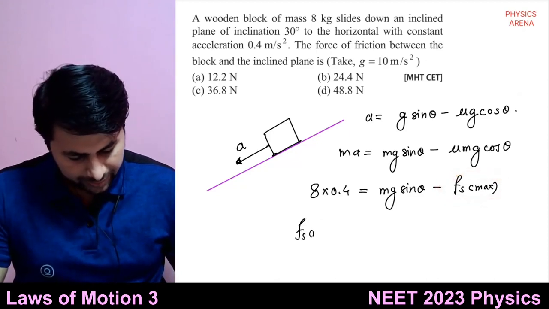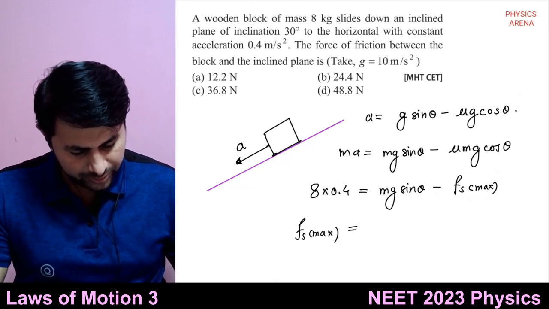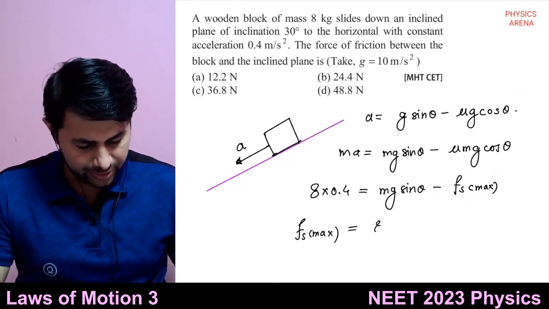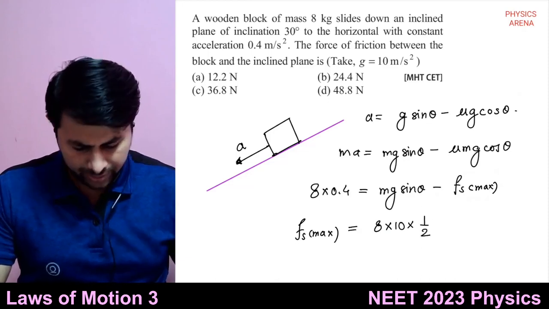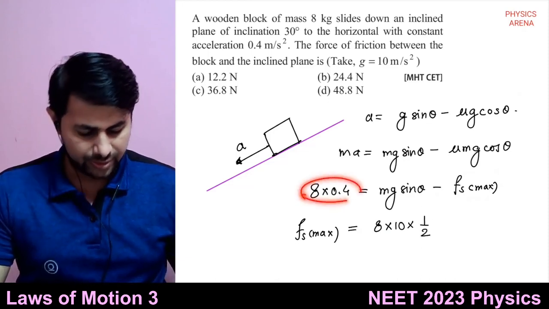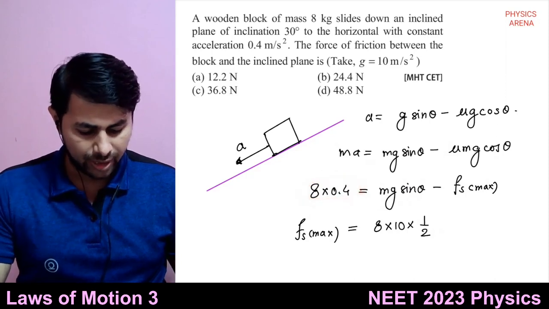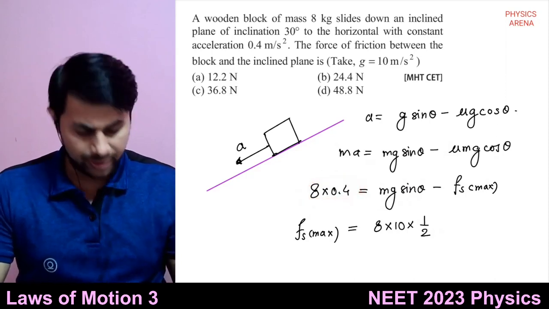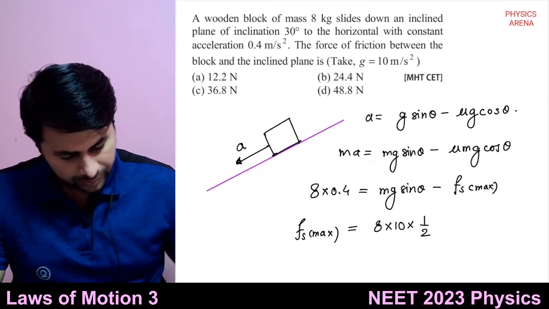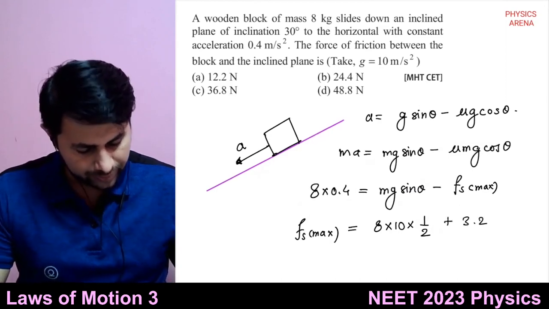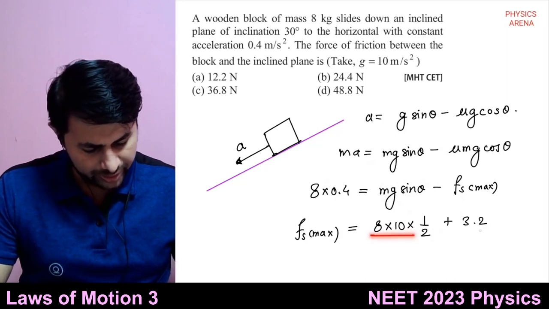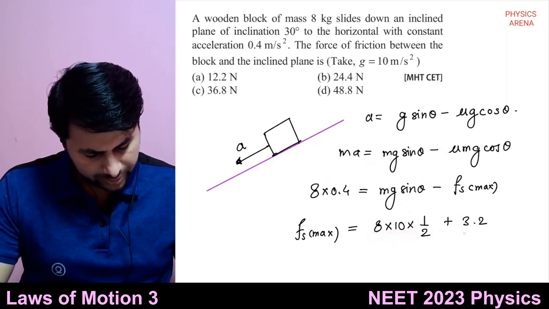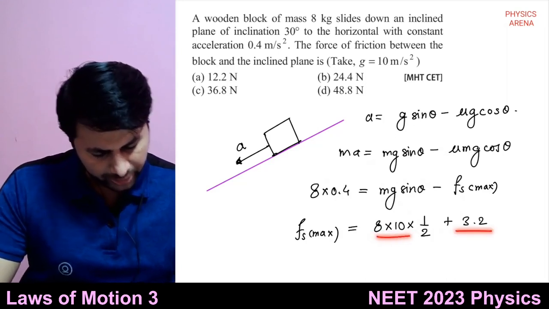Fs max is equal to mg sine theta. It is 8 multiplied by 10 multiplied by sine of 30, which is half, plus this 8 multiplied by 0.4. How much is it? 3.2, right? So plus 3.2. So it is 40 plus 3.2.